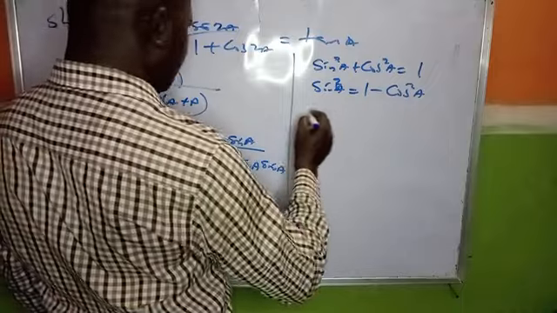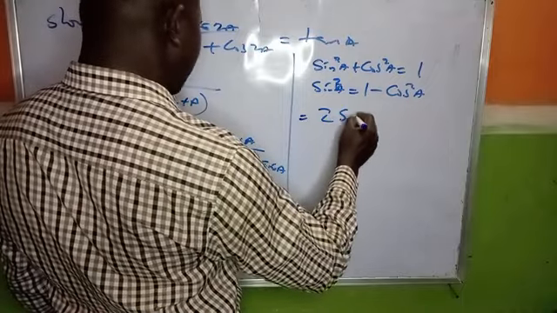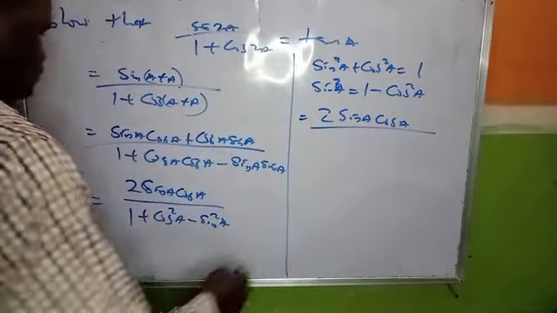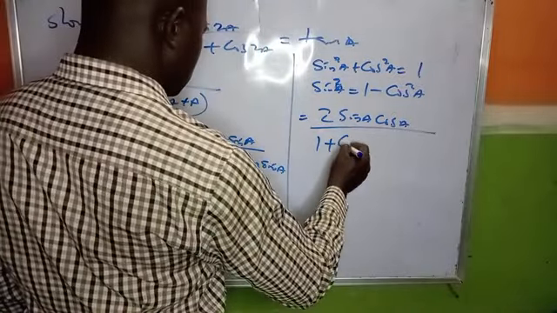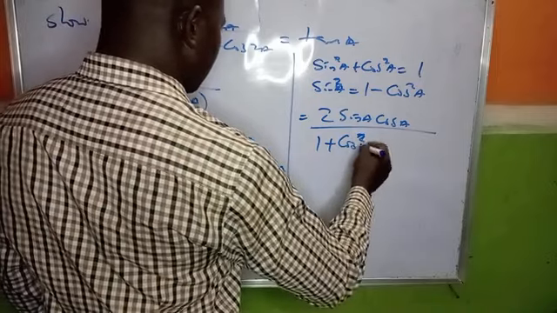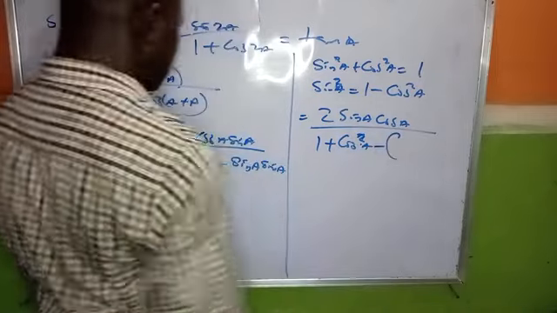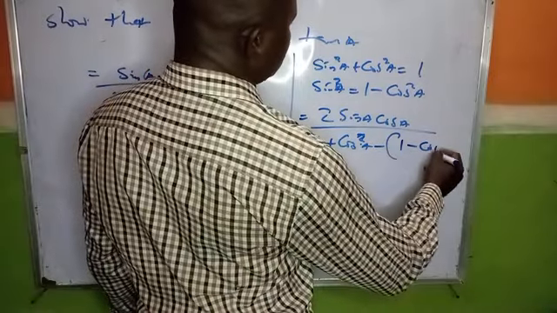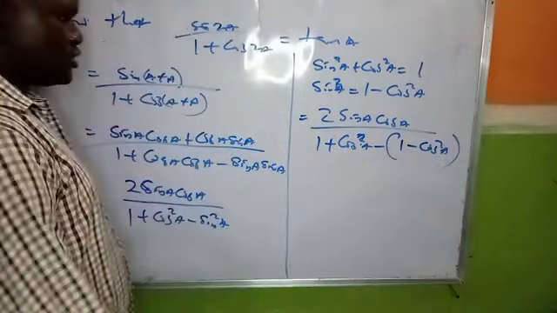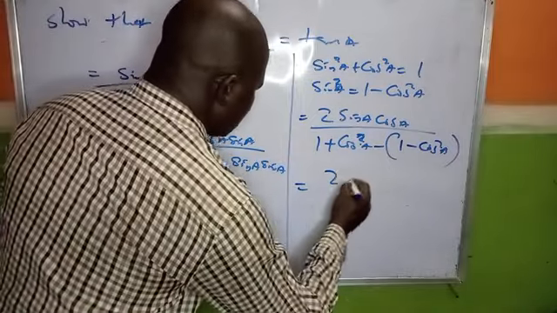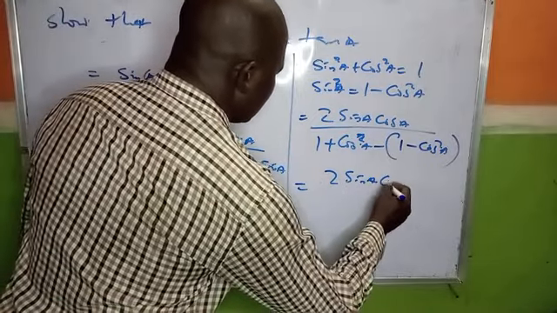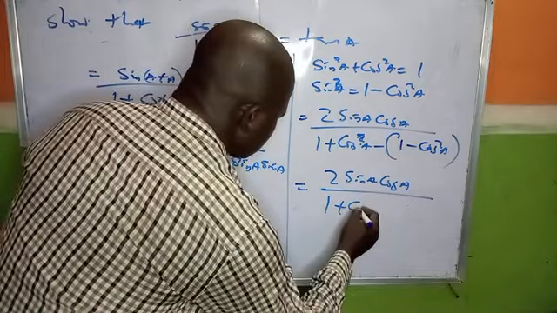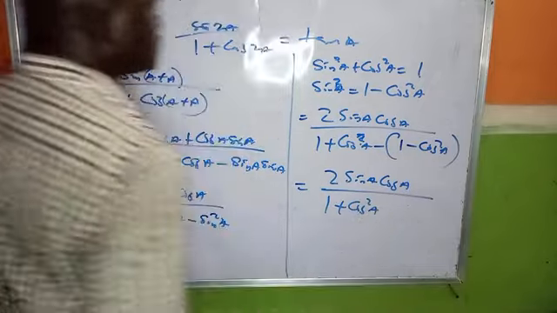So you have 2 sine A cos A divided by 1 plus cos square A minus this bracket. Minus is here, so you put it in bracket, 1 minus cos square A. So here you have 2 sine A cos A over 1 plus cos 2A.